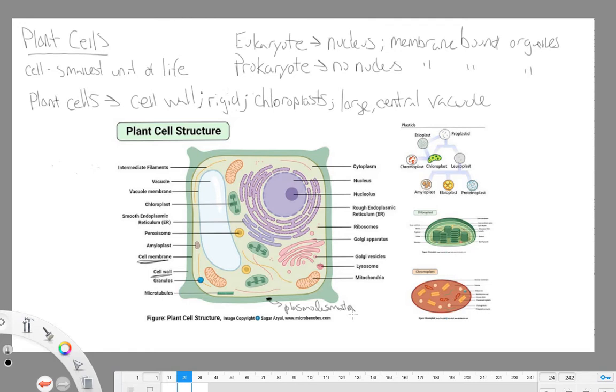And these are little narrow strips of cytoplasm that connect adjacent cells. So it's like a little tunnel, and through these strips, these cells are able to transport materials back and forth to each other. And these little gaps in the cell wall are called pits.